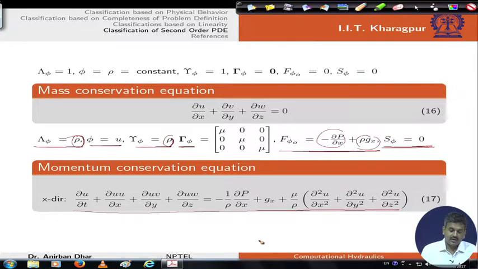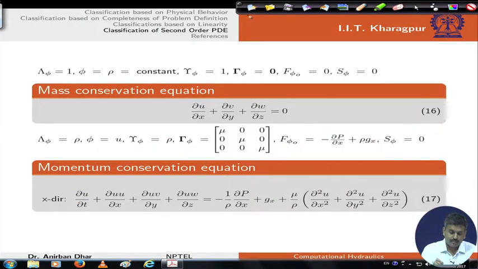Obviously, the rho will be in multiplied form on this side, and that rho can be transferred here, so that we can get this incompressible fluid flow x direction momentum conservation equation.